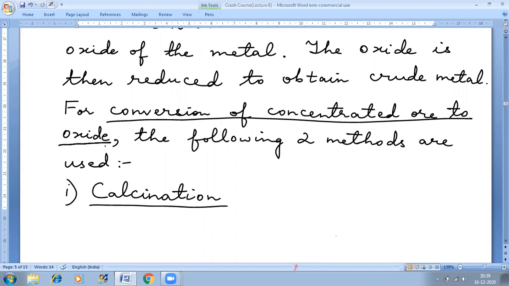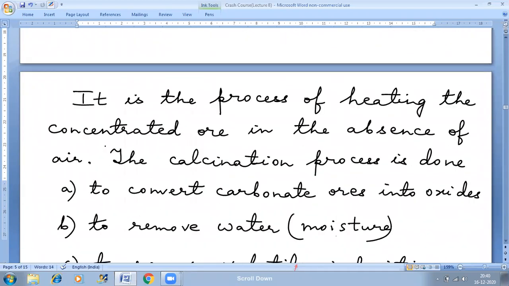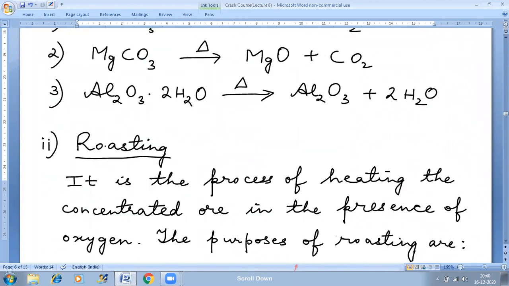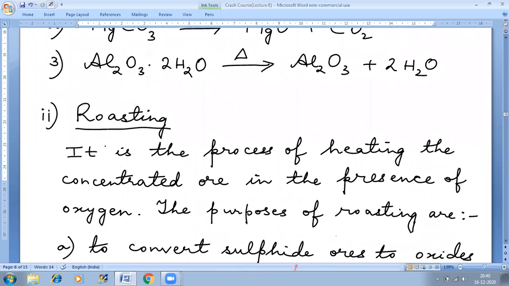Calcination gives me metal oxide. It removes all the volatile impurities and water molecules. Similarly, roasting also removes all the volatile impurities and water or moisture. But the difference between calcination and roasting is that roasting is the process of heating in the presence of oxygen. Calcination was done in the absence of oxygen.